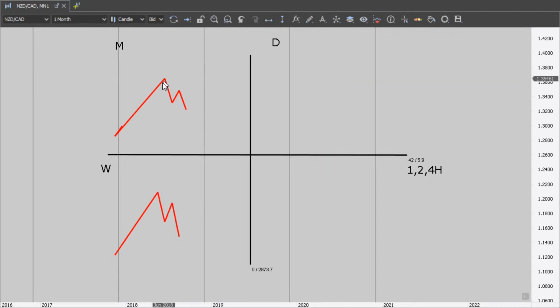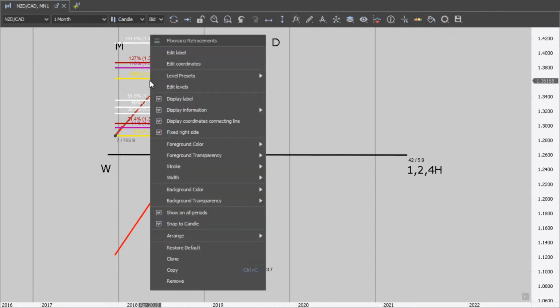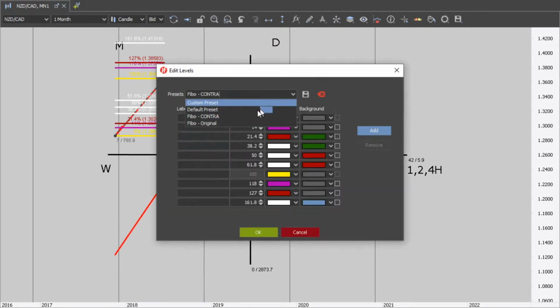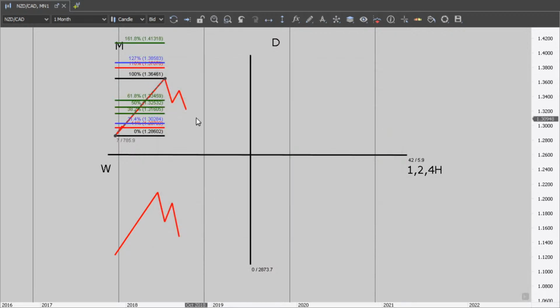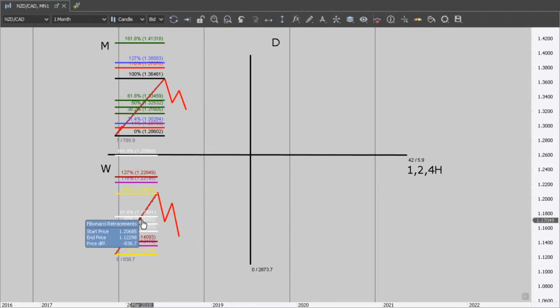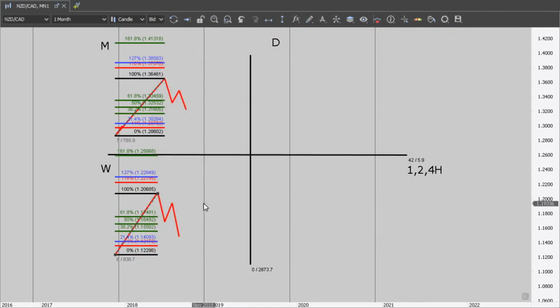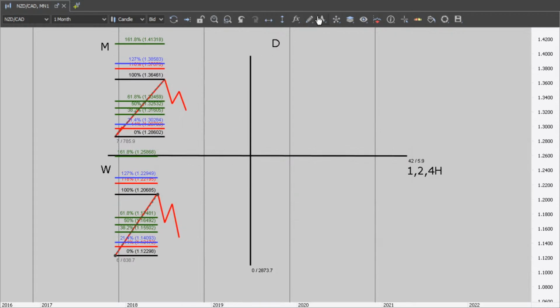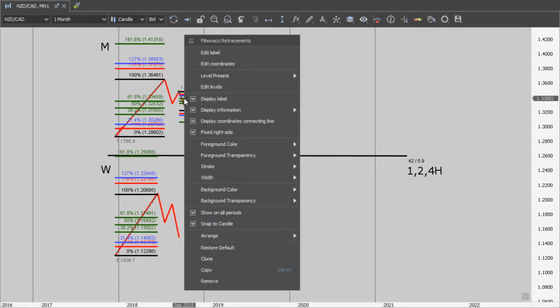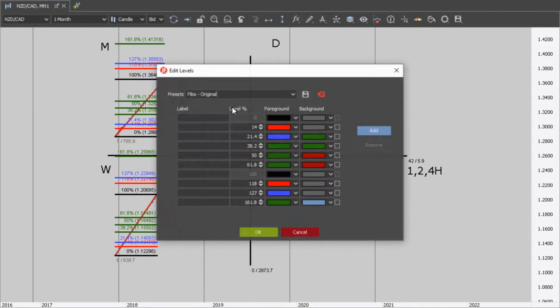So original Fibonacci, this is going to be our original Fibonacci, edit levels, like in here, original Fibonacci. And then we are going to have the weekly, original Fibonacci in here. Hello Lucas, how are you? And the Contrarian is going to be edit levels, something like this.